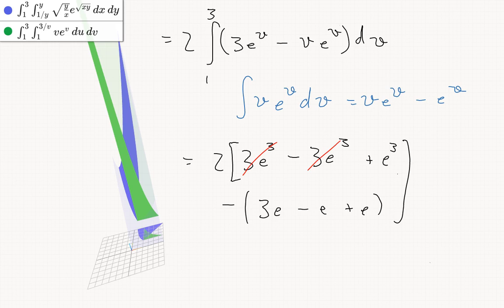So let's see. These cancel. So we're left with 2 times e squared minus 3.